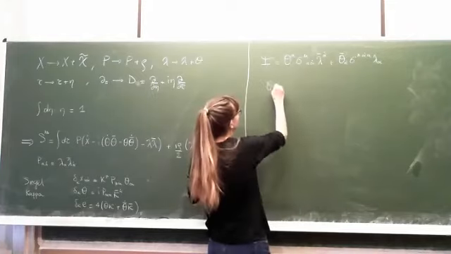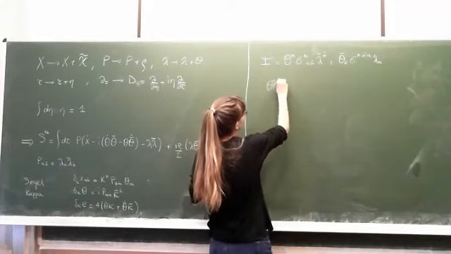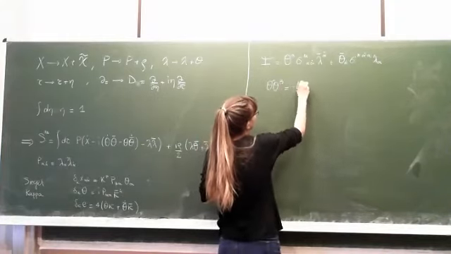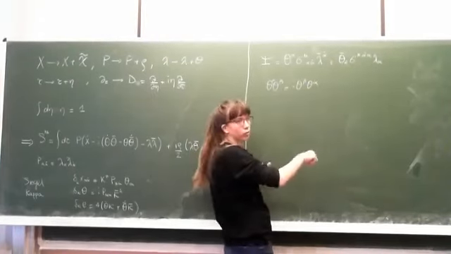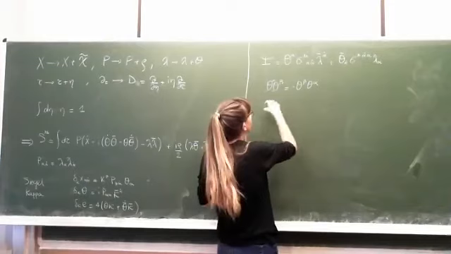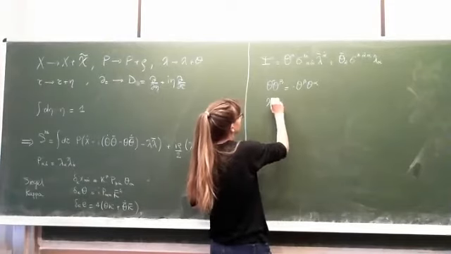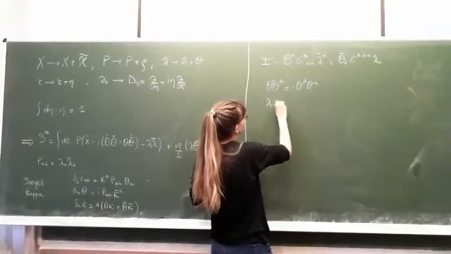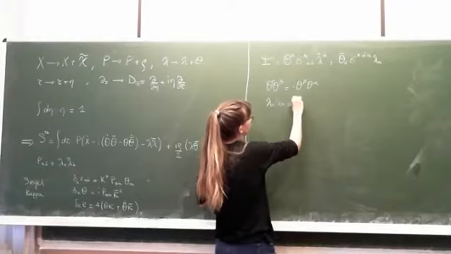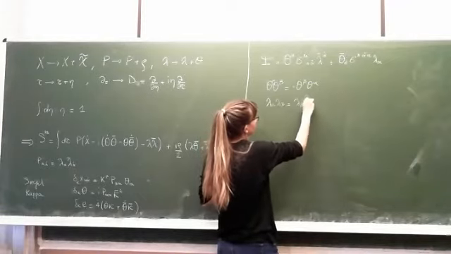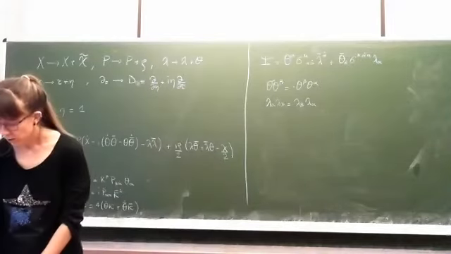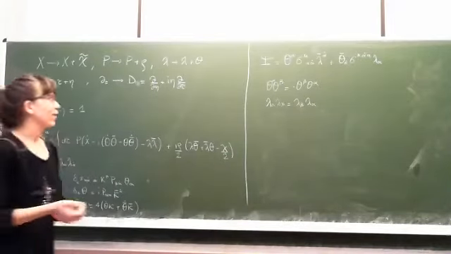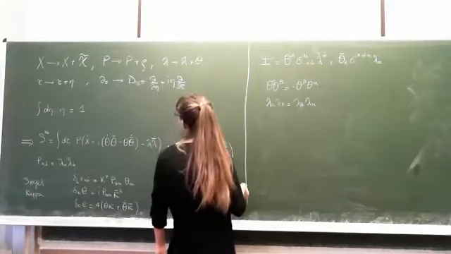So theta alpha theta beta is equal to minus theta beta theta alpha, and the same is true for the complex conjugate, while lambda alpha, as before, is symmetric under the exchange. Okay, so this is allowed. And now I will finally be able to tell you why.